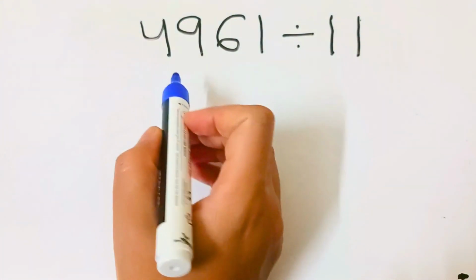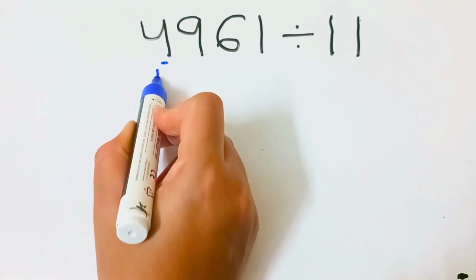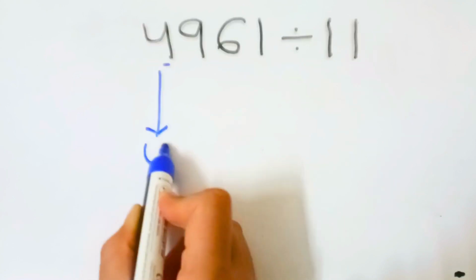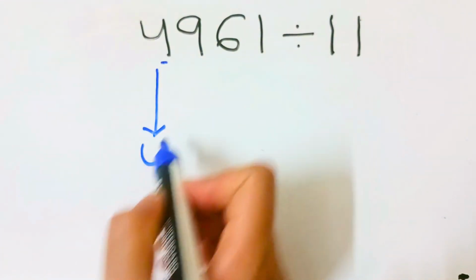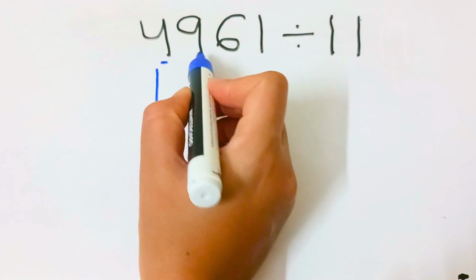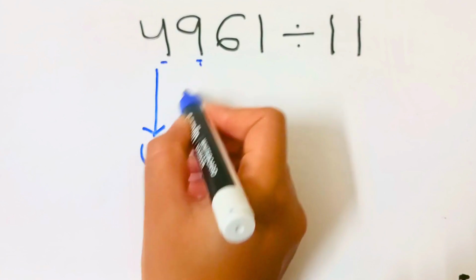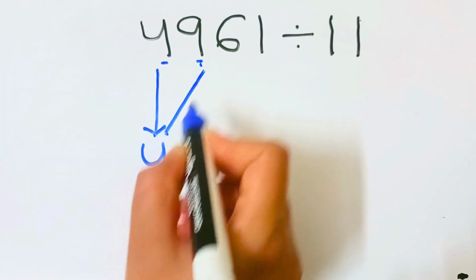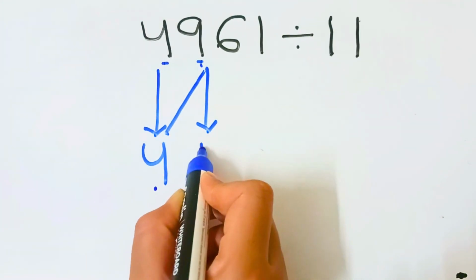You have to write the first digit as it is. Here it's 4, so just write 4 as it is. Then you have to subtract this number from the next digit. That means 9 minus 4, that is 5.